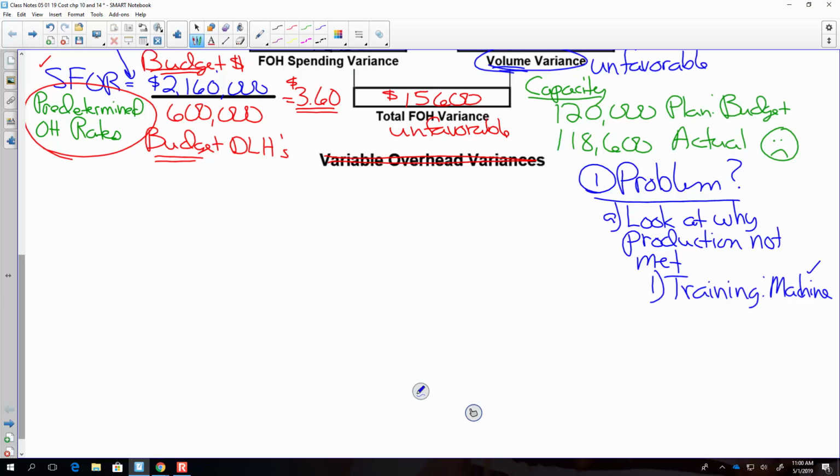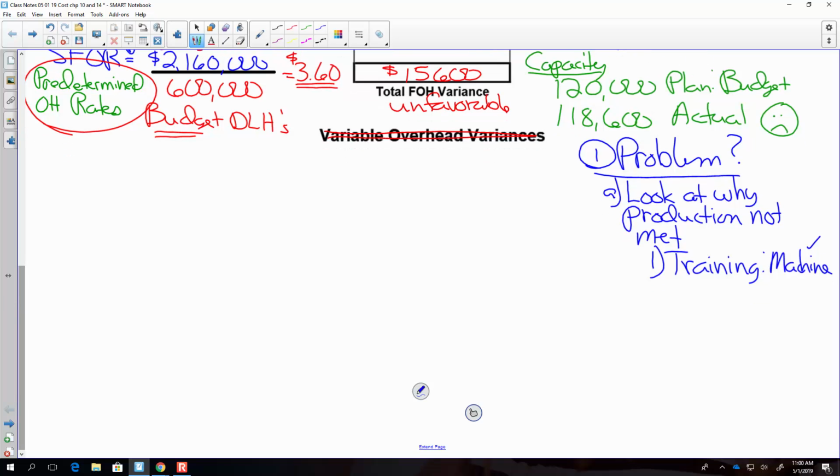What's another issue? Power outage maybe? Yeah, you can have power or supply shortages, right? Maybe the material's sitting on the dock and there's nobody to receive it. Something that simple. And it's sitting there and you can't get to it because you got to first receive it.